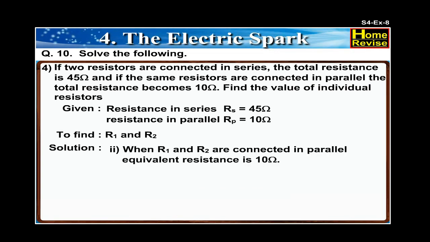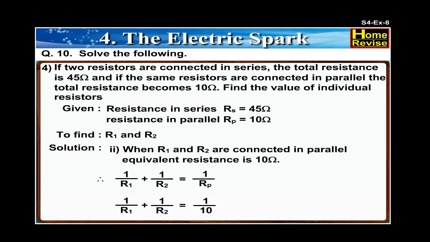Second, when R1 and R2 are connected in parallel, equivalent resistance is 10 ohms. Therefore, 1 upon R1 plus 1 upon R2 is equal to 1 upon Rp. Further, 1 upon R1 plus 1 upon R2 is equal to 1 upon 10.